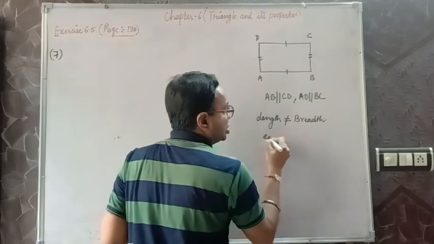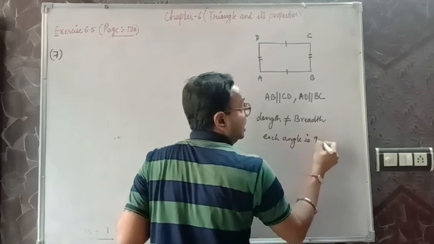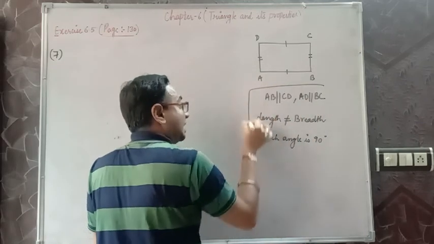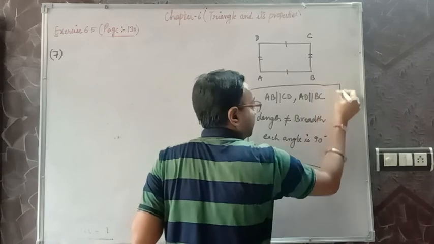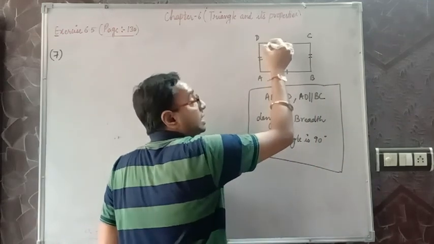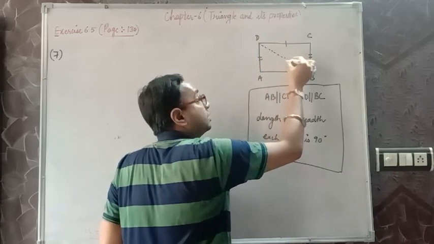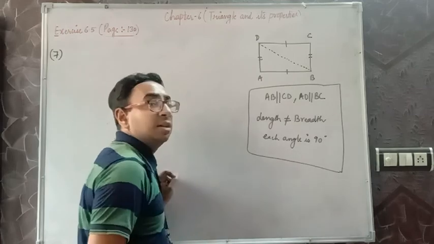Secondly, each angle is 90 degree. This is what a rectangle is. So, what do you mean by diagonal? Diagonal means joining the opposite vertices.